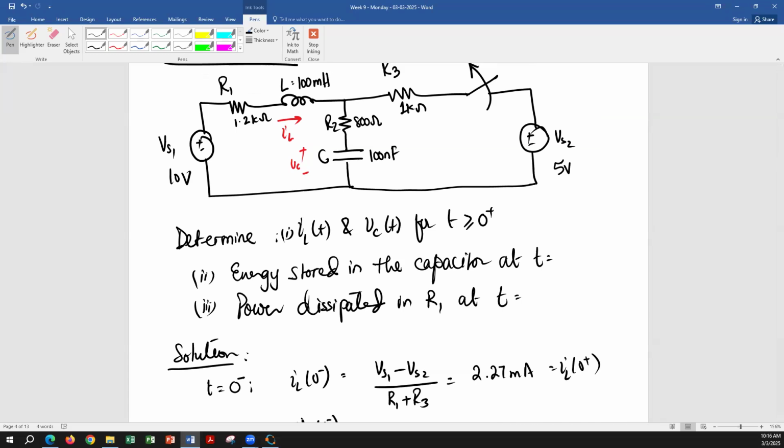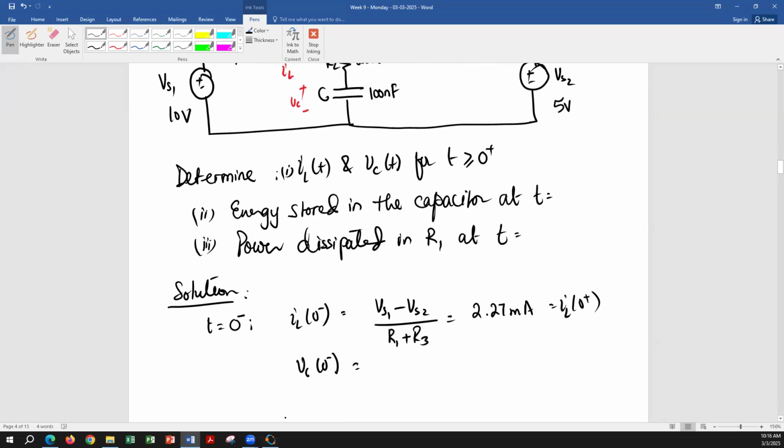Yes, Reyes. VS1 minus IL times R1. Okay. Since we already did that, no need to go through that. Just write down the equation and do part number 2 and part number 3 then.